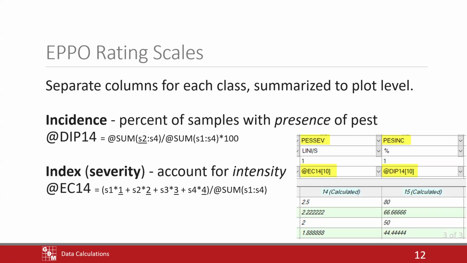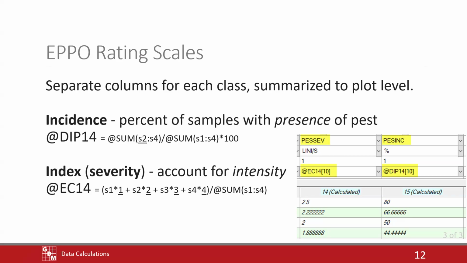And so a couple of calculations that we can do for these scale ratings. The first one is incidence. So ARM can calculate a percent incidence, essentially, what percent of your subsamples had presence of that pest.